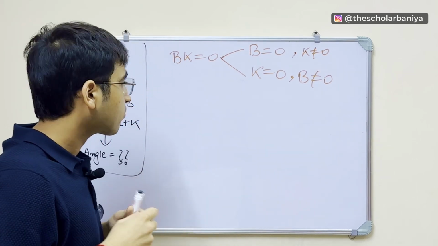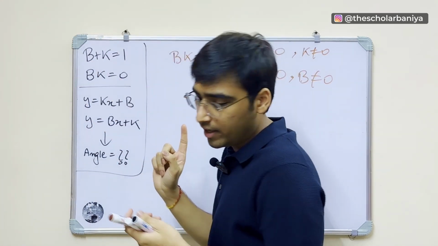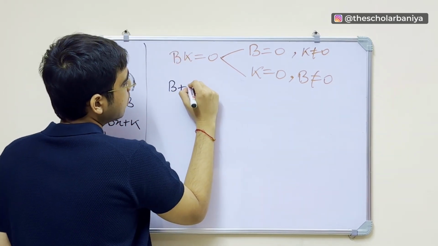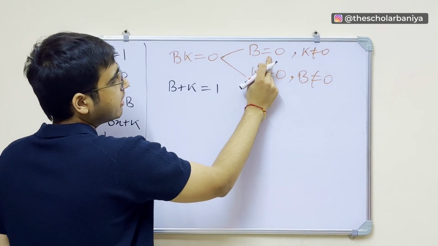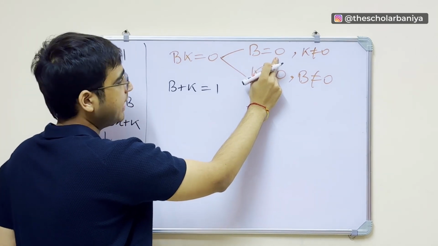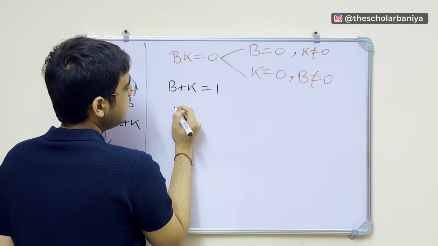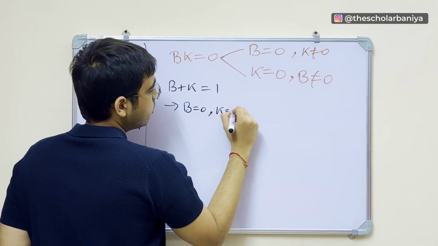Now tell me one thing, we are also given b plus k is equal to 1. So if b plus k is equal to 1, then in this case, if b is 0, what will be k? k will be 1. Then one possibility is that b is equal to 0, k is equal to 1.